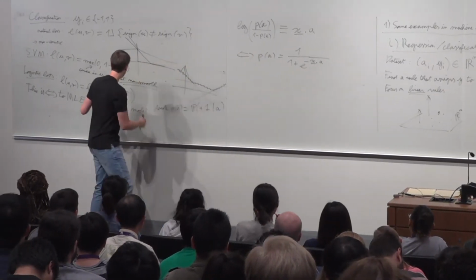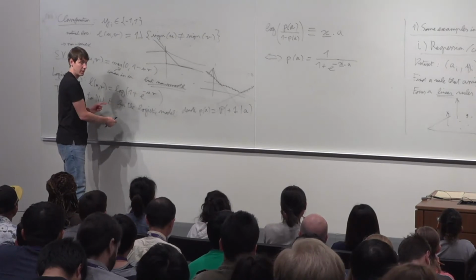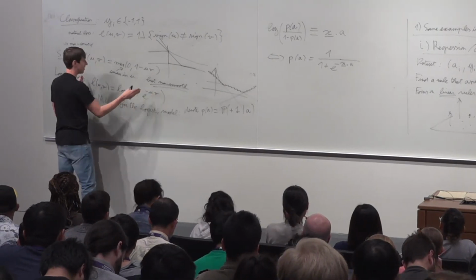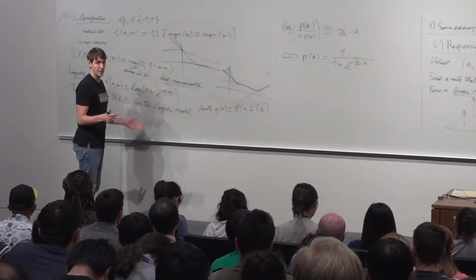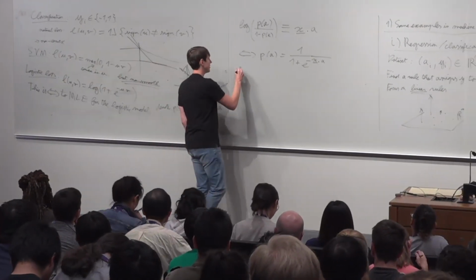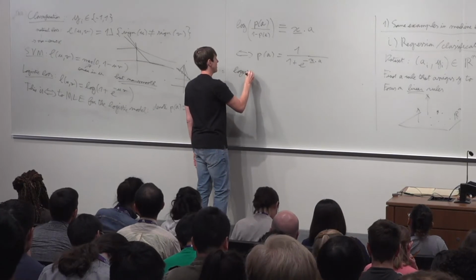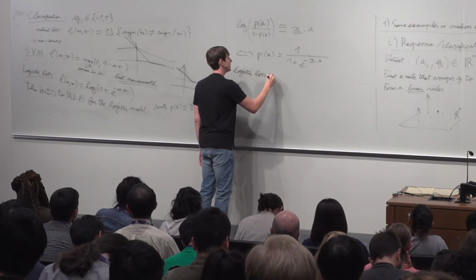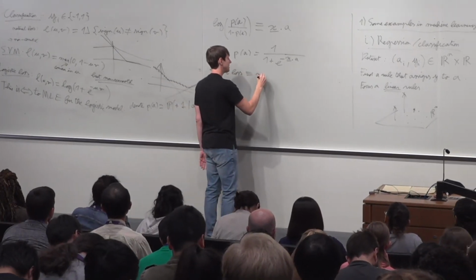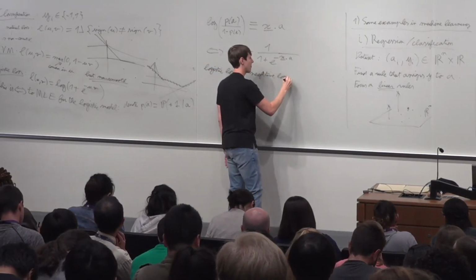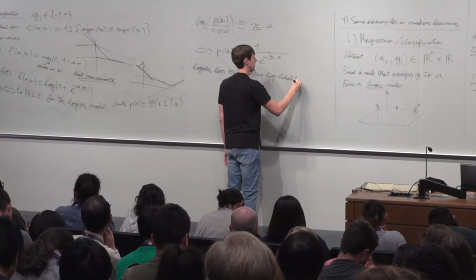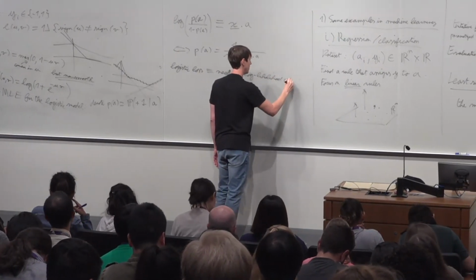So I see that the logistic loss is exactly the negative log likelihood. Again, logistic loss is equal to negative log likelihood of the logistic model.